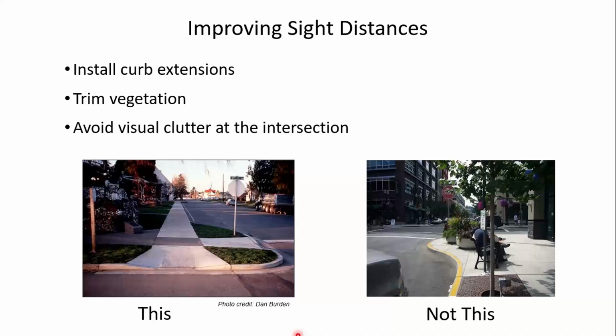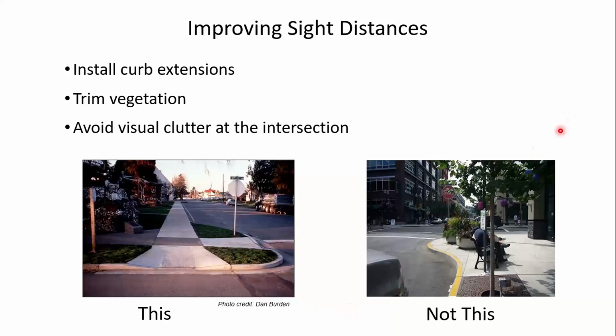Make sure vegetation is trimmed so that tree limbs and other vegetation are not blocking sight lines. Avoid visual clutter at the intersection. So here on the lower left, you see an example of a curb extension or bulb out. There are good sight lines, kind of a basic design, just grass at the corner.